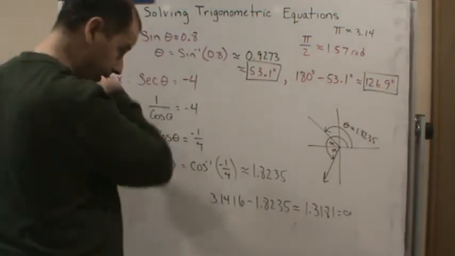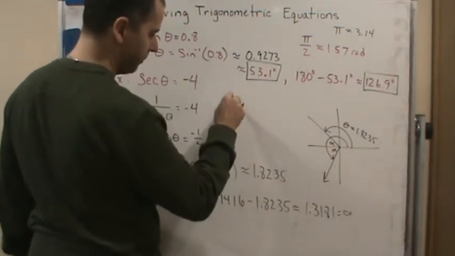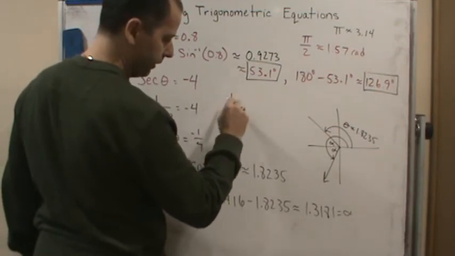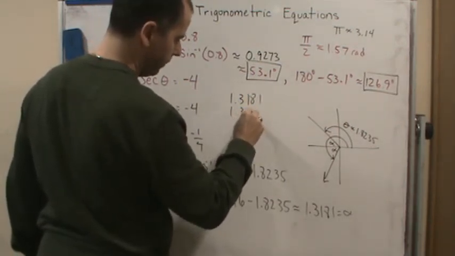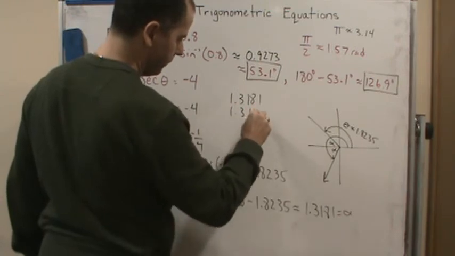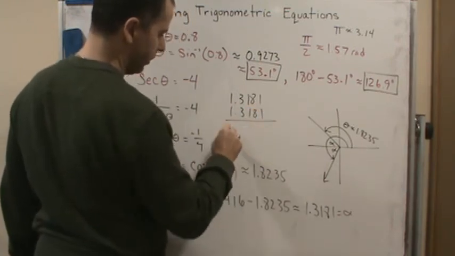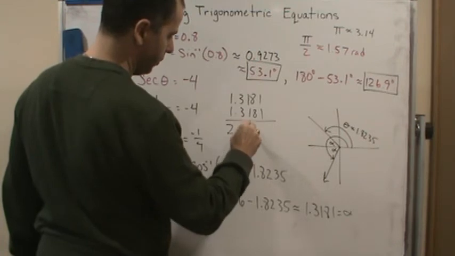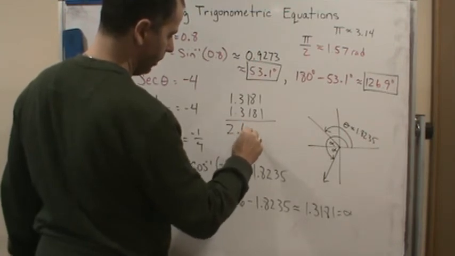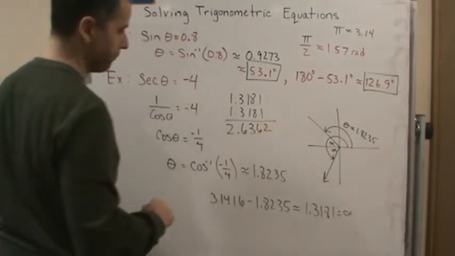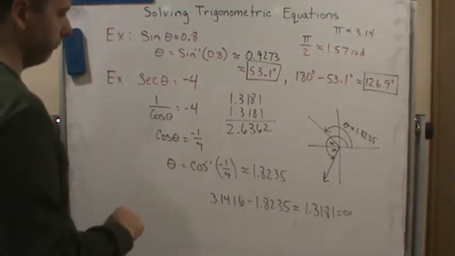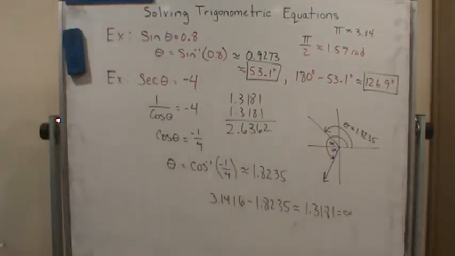Okay, so now I'm going to take this angle and double it, 1.3181, okay? And of course that's going to give me 2.6362.